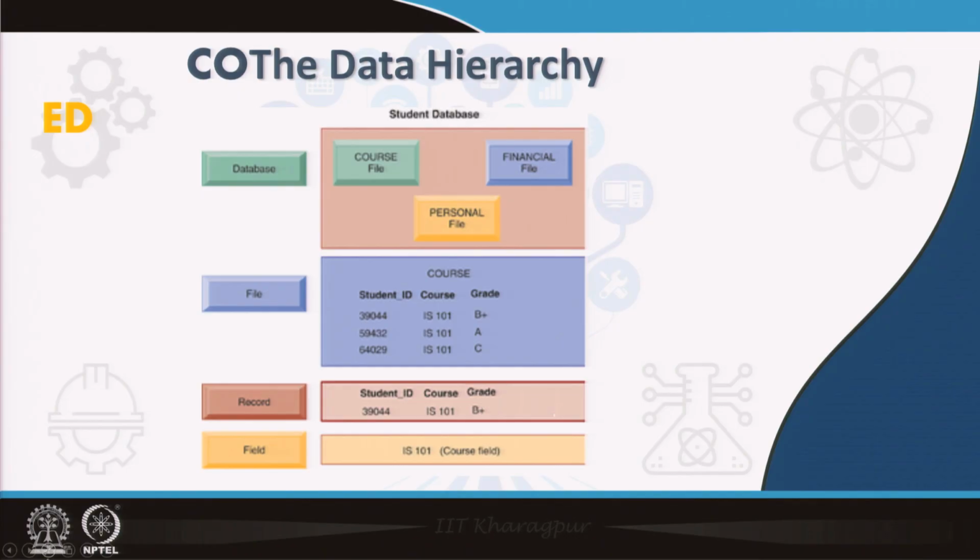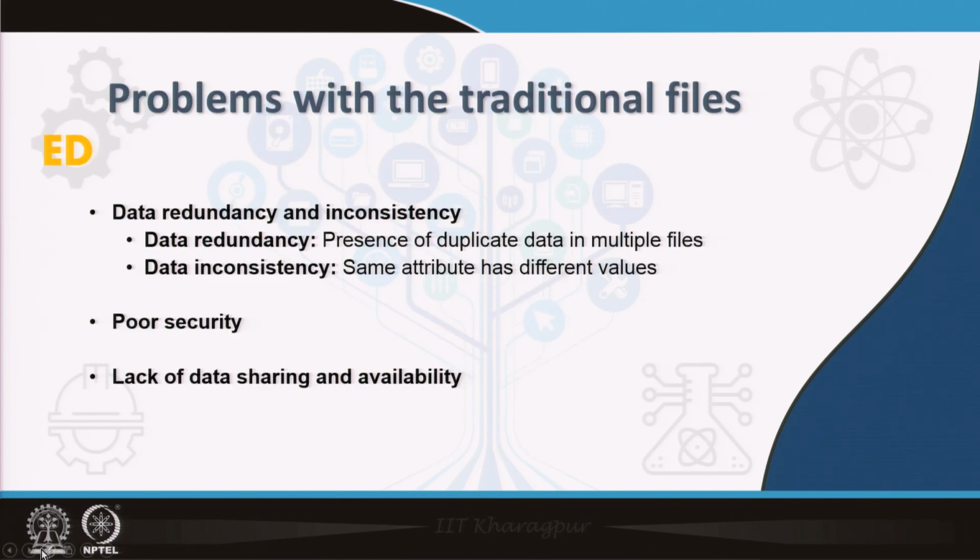In these files, there could be a difference in nomenclature between garment sizes. The size XL could be represented as XL somewhere, and as extra large somewhere else. So, this is again an example of data discrepancy or data inconsistency present in the traditional file system.